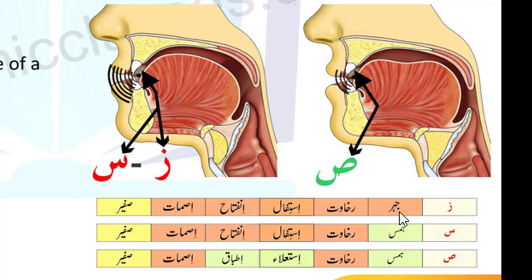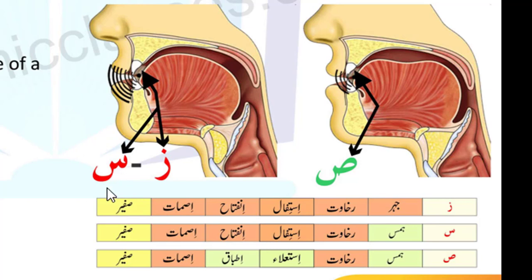As you already read these qualities in the previous tutorials. If you didn't watch my earlier tutorials, I suggest you watch them to understand this lesson. So za has al-jahr, al-rakhawa, al-istifal, al-infitah, al-ismat and as-safir quality, as you can see.